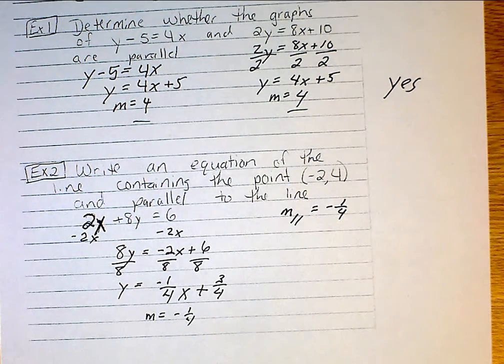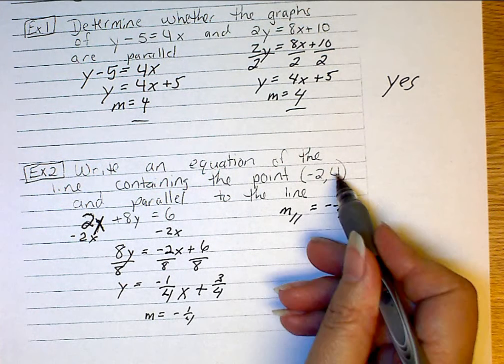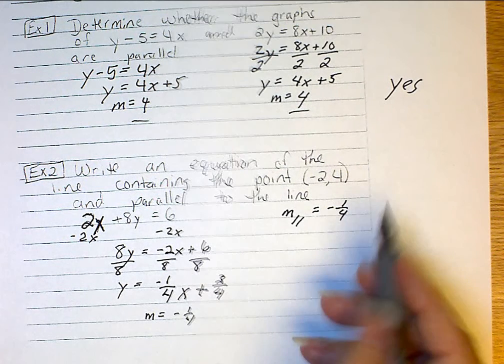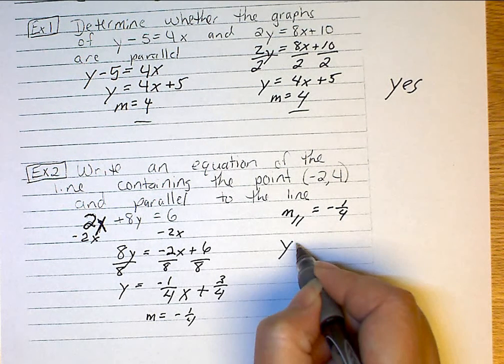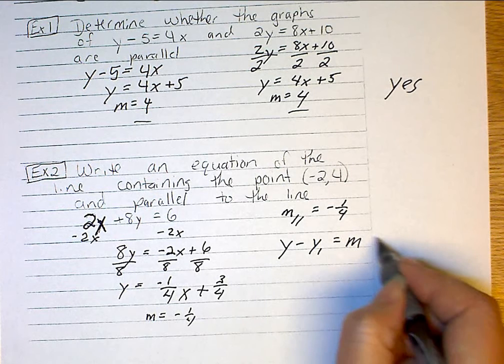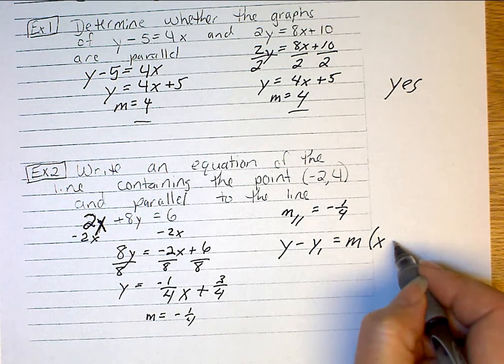What equation do I have to use? What's the other formula that we've been using? Do you remember what it's called? Point slope formula. So if you have a point and you have your slope, use the point slope. Remember that is y minus y1 is equal to m times x minus x1.